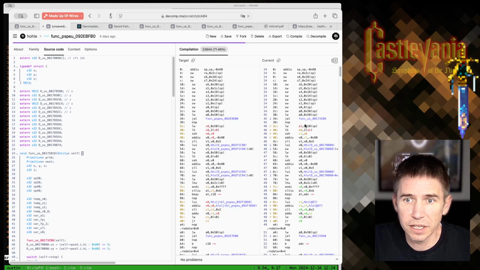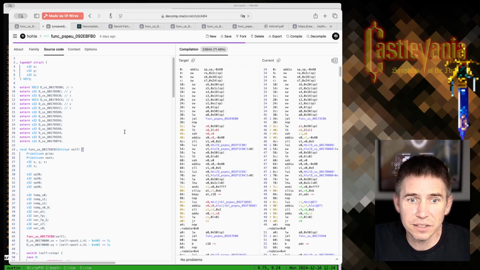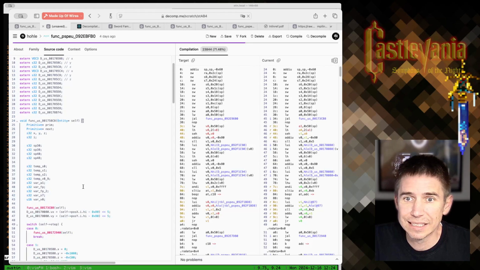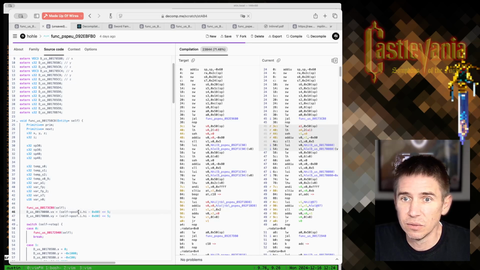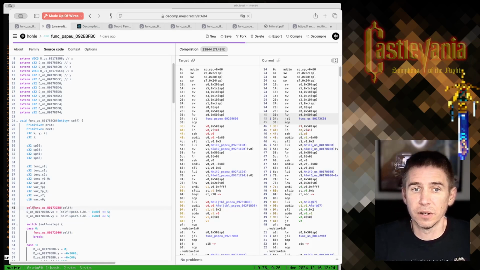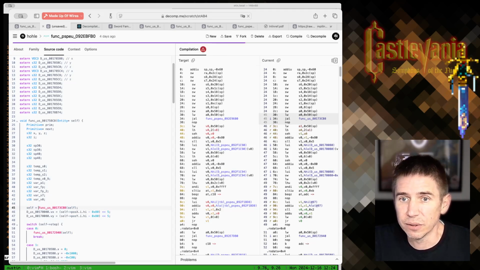So looking down from the top, ours versus the original. V0 is the return value. Oh, this is kind of interesting. V0 is the return value of this particular function. And when these are being loaded, they're actually coming from V0 instead.